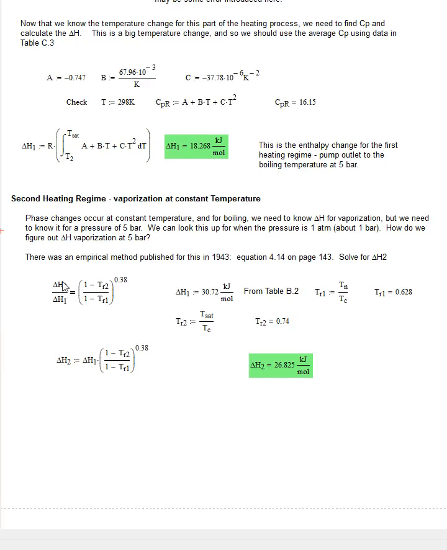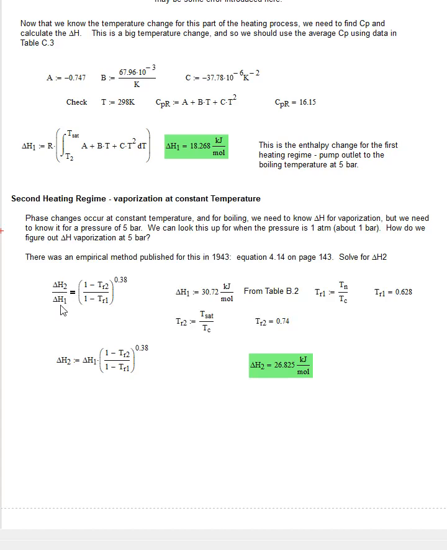Well, this is where we go back to chapter 4, which we kind of skipped in the lecture, and we're just coming back and picking up some things as we go along. If you look on page 143, I believe a guy named Watson came up with this method back in 1943 to solve for delta H of vaporization if we knew the delta H of vaporization at another temperature.